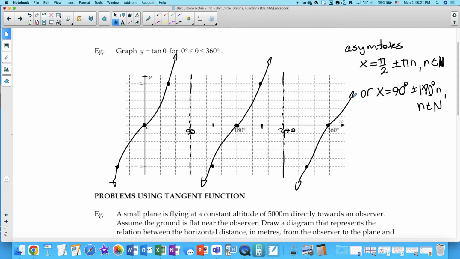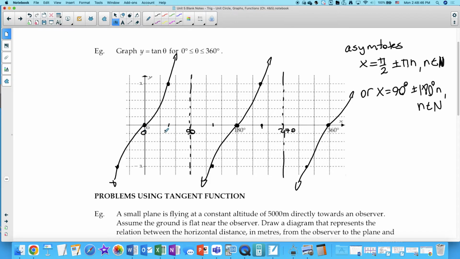And with the tangent ratio, the key angles that I'm concerned with are 0, 90, 180, 270, 360, but then all of those 45s as well, where the reference angle is 45, because that's when tan is equal to 1 or -1. So I'm also curious about 45 degrees, and then this would be 135 degrees.